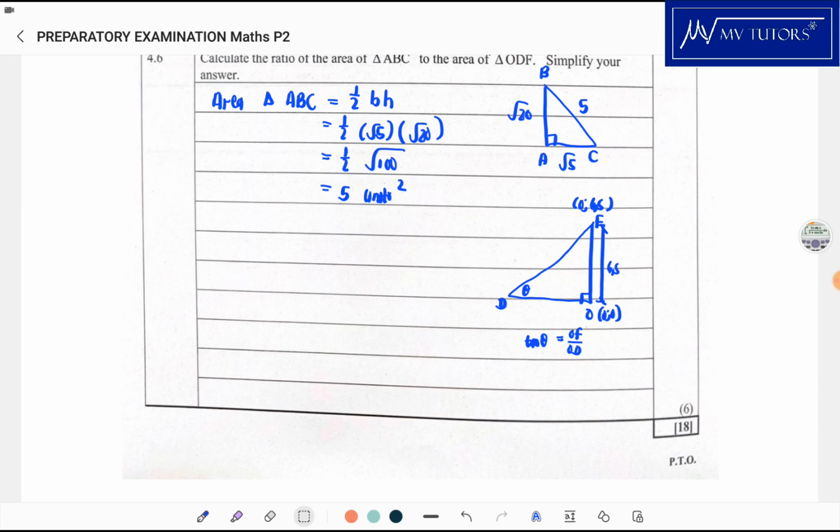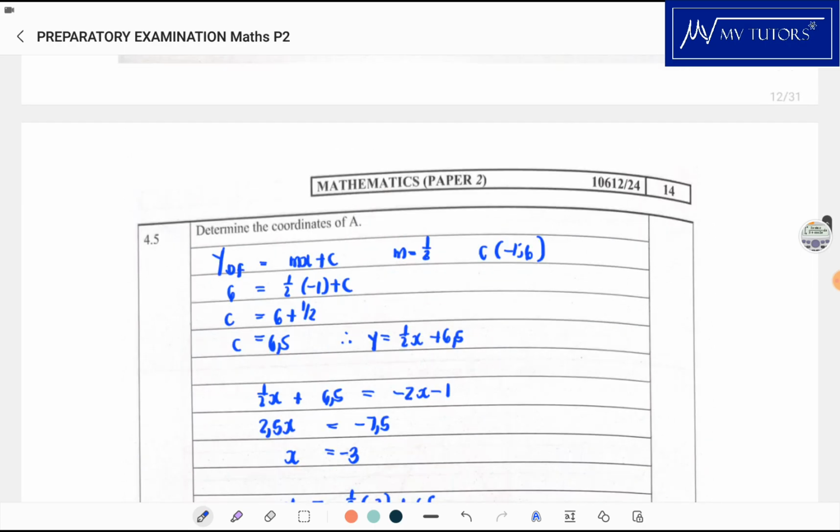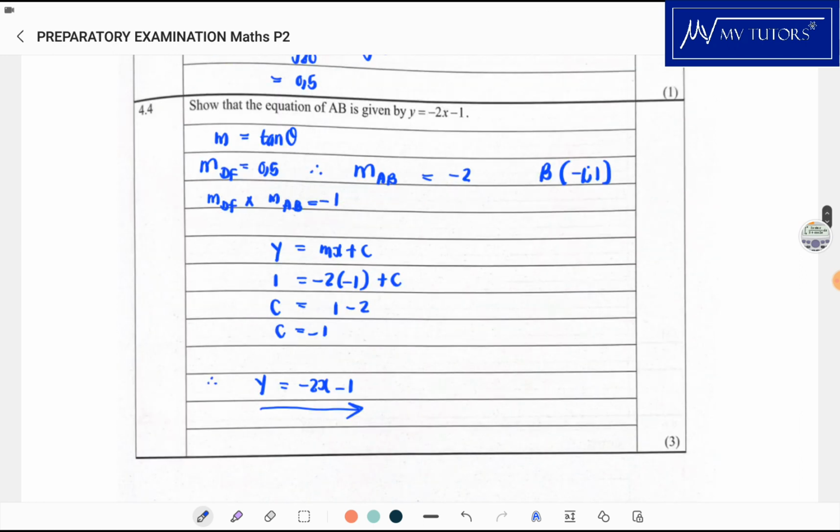So getting back to theta. Remember we said tan theta is a half in the previous questions, for DF.